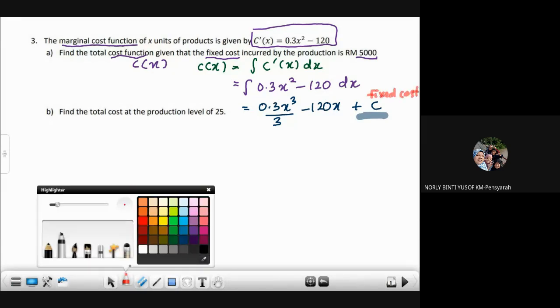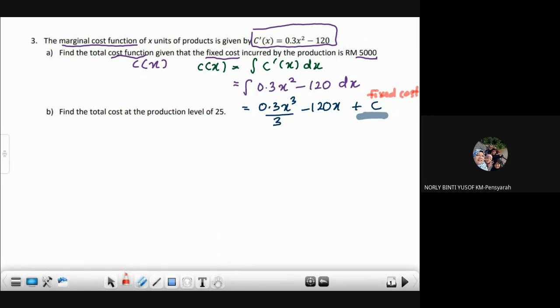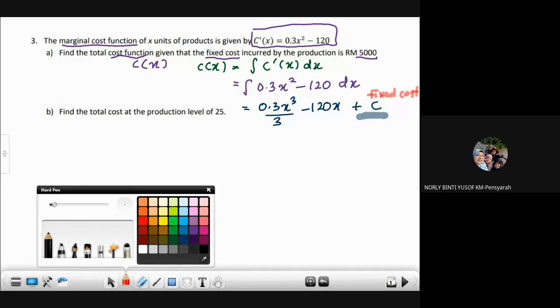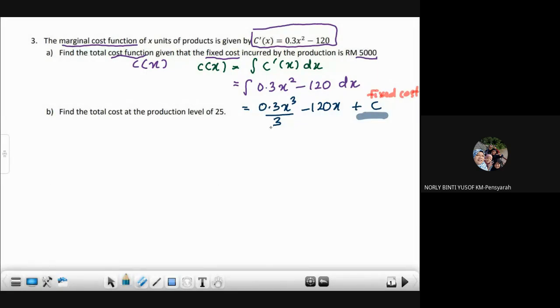Kalau dalam marginal revenue, dia akan jadi fixed revenue dan nilai dia constant lah, iaitu 0. Tapi kalau dalam marginal cost, nilai dia akan diberikan dalam soalan. So here you will sub the value as the fixed cost. This one you simplify, you got 0.1 x power of 3 minus 120x.